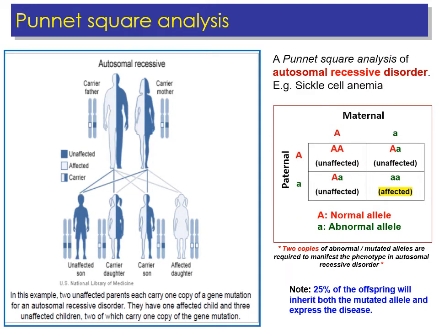This diagram shows a Punnett square analysis of autosomal recessive disorder for both parents who are carriers of a disorder. Since it is a recessive disorder, we assign the capital A as the normal allele and a small a as the abnormal or mutated allele.